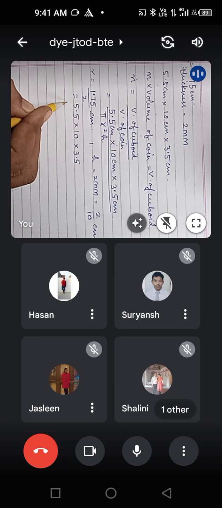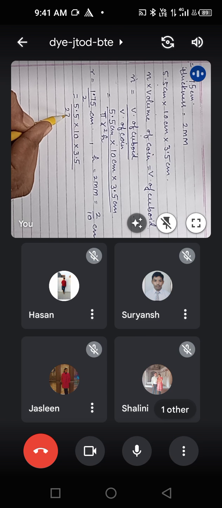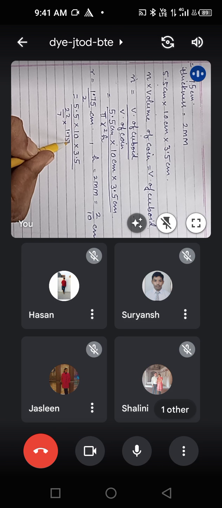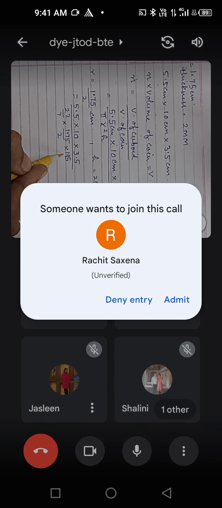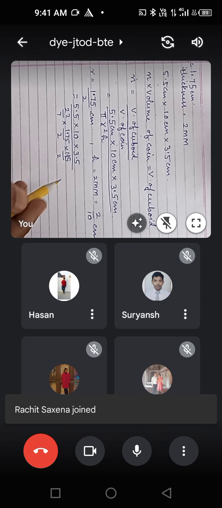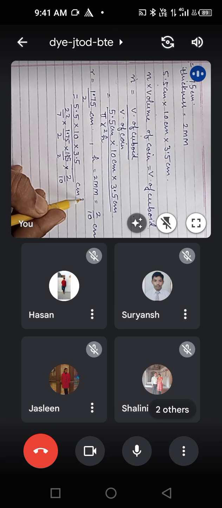All are in centimeters, so that will be centimeter cube. In the denominator, pi is 22 by 7, radius is 1.75 upon 2 into 1.75 upon 2 into h, given as 2 upon 10 centimeters. This is also in centimeter cube.